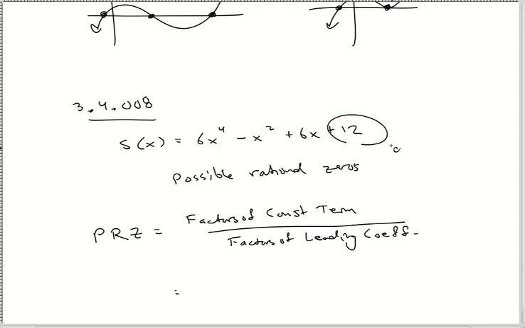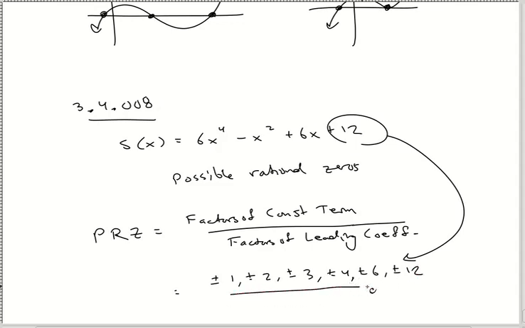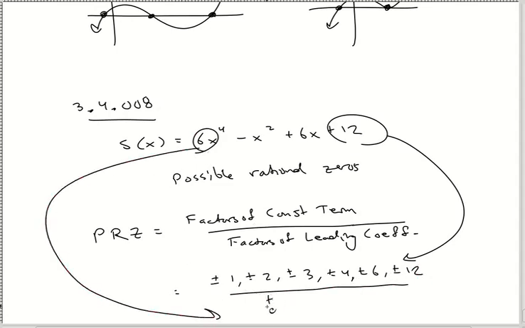They're saying the factors of the 12 go in the top. 1, 2, plus and minus for all these. 3, plus or minus 4, plus or minus 6, plus or minus 12. It's all on the top. Factors of the leading coefficients, this guy, they go in the bottom. There we go. 1, 2, 3, and 6.